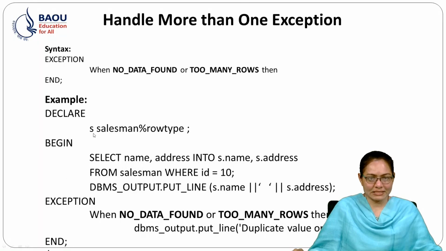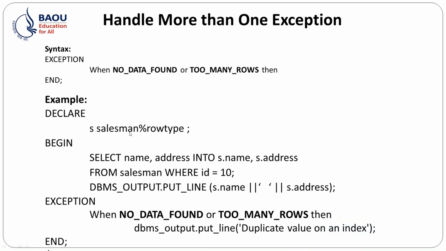Here S is a variable of object type, with the salesman table's percent row type, so all the columns are fetched into this S variable. In begin, select name, address into S dot name, S dot address.